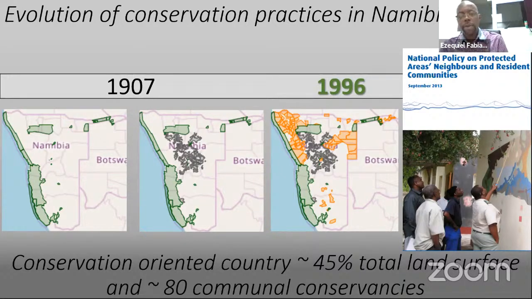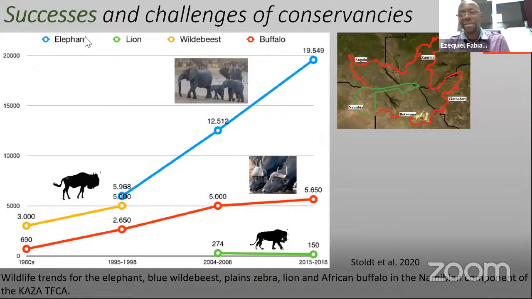the topic that I want to talk about, because with this success in translocation of wildlife into these communal conservancies, they have been very successful. And this figure here just shows the success in terms of increasing wildlife numbers, focusing, for example, on lions, buffaloes, elephants, and wildebeests, looking from 1960 all the way to 2018.